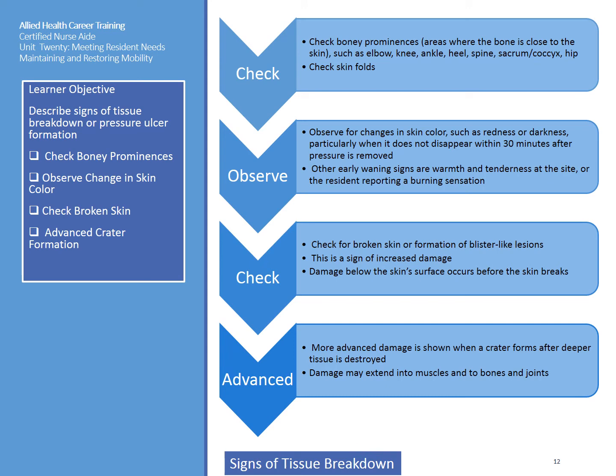We need to observe that area and report it as quickly as possible. Check for broken skin or formations of blister-like lesions. This is a sign of increased damage. Damage below the skin surface occurs before the skin actually breaks down.